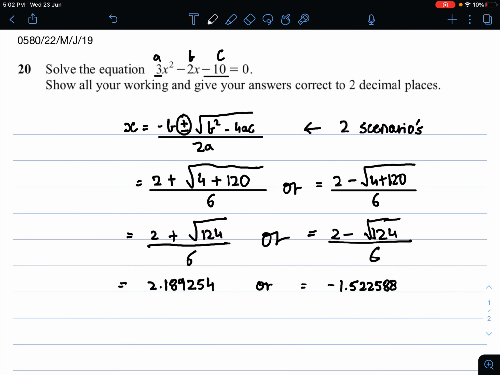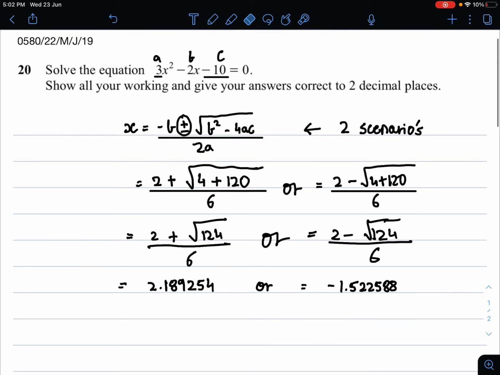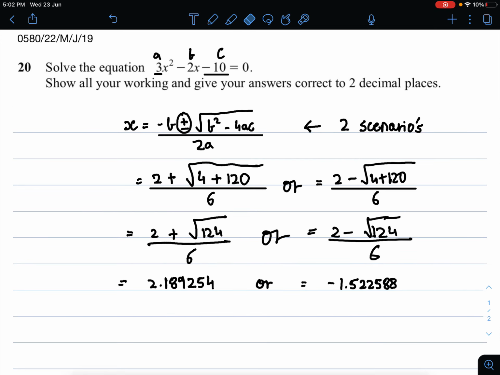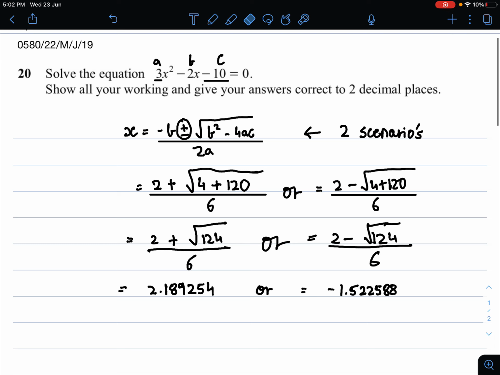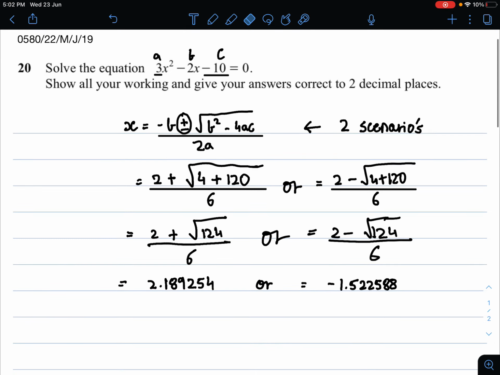If you want, you can even write all the decimal places as much as they showed you in the calculator. This is because this will help the examiner show that you aren't doing any premature rounding, and it will also help the examiner show that you are rounding off to the correct answer properly.